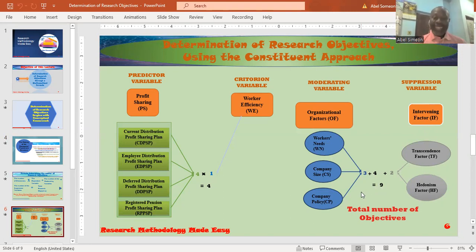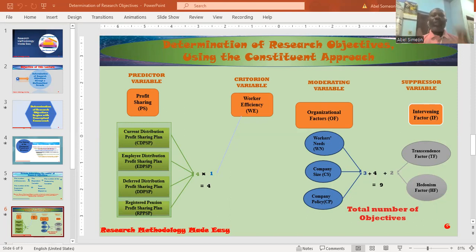So 9 is the total number of your objectives. Please have that in mind. By the time you sit down and go through it over and over, you will see that it is very simple.